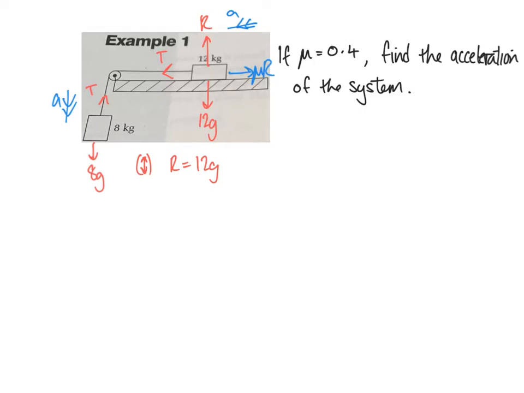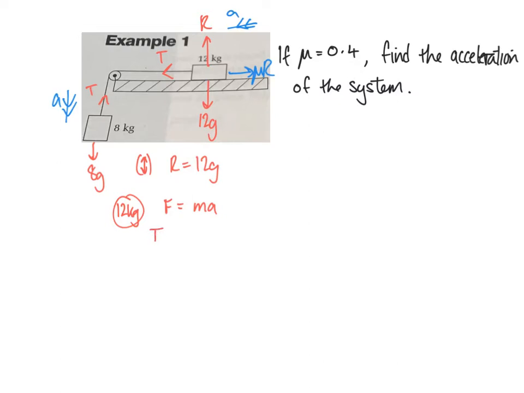Now, once we know that, what I'm going to look at is the 12 kilogram mass. And I'm going to use F equals ma on that. And you can see here that if it's going in this direction, then the overall force is T minus whatever mu R is.